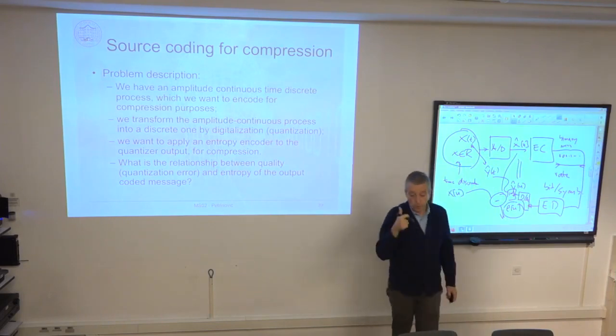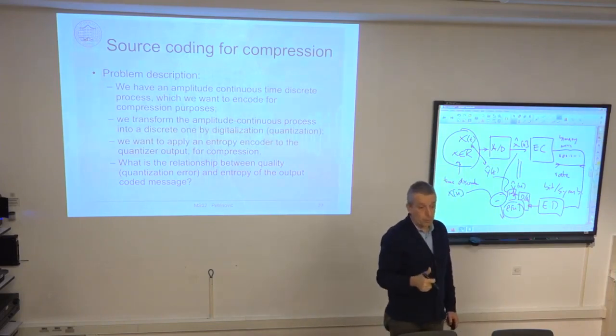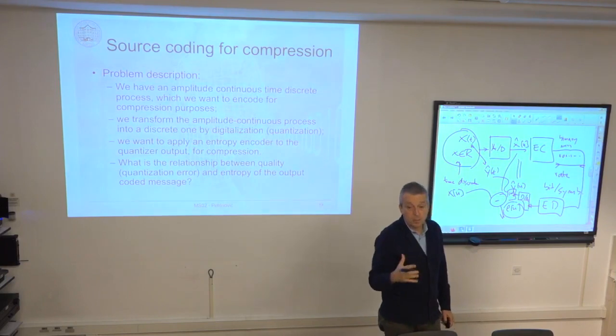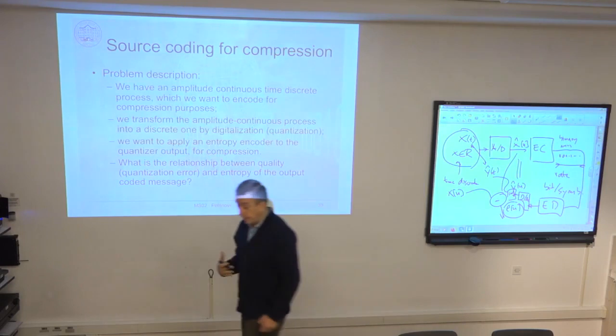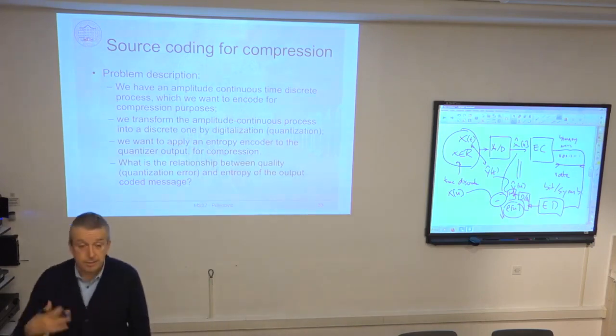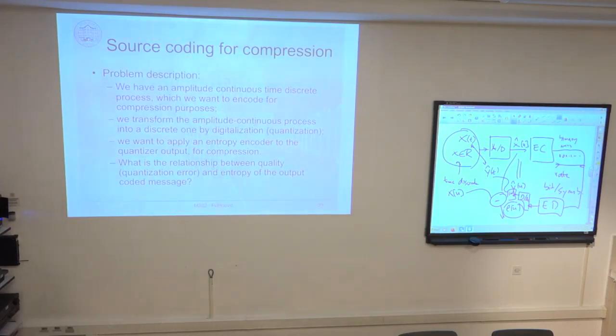So due to time sampling, as we have shown, time sampling introduces this problem of aliasing. If you don't have band-limited spectrum of the input signal, then this aliasing error can happen. So that is one source of the error, due to sampling. And another source of the error is due to quantization, because I use a finite number of quantization levels. So I have either granular error due to this step size, but I also have this overload error.